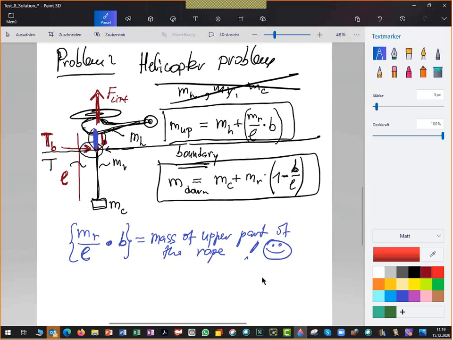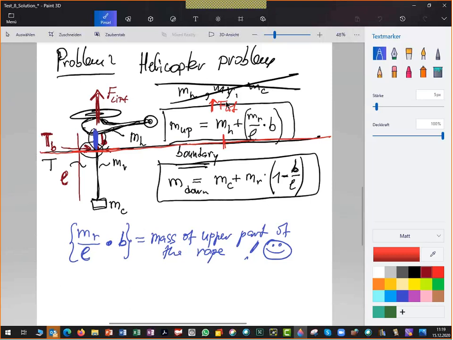Let us do it. So what are the forces acting on the upper part of my system, on the upper mass? What are the forces acting on this system, which is above my boundary? It is the lifting force that acts upwards, F lift. And this is the tension TB, which I'm searching for. I'm looking for this tension.